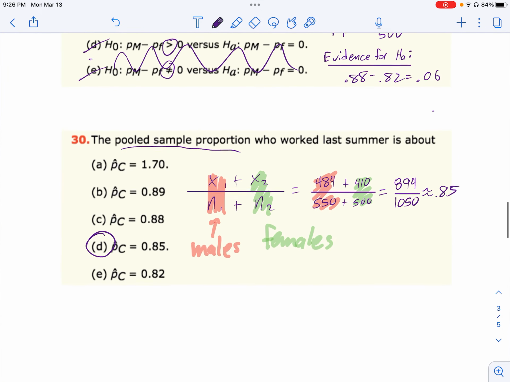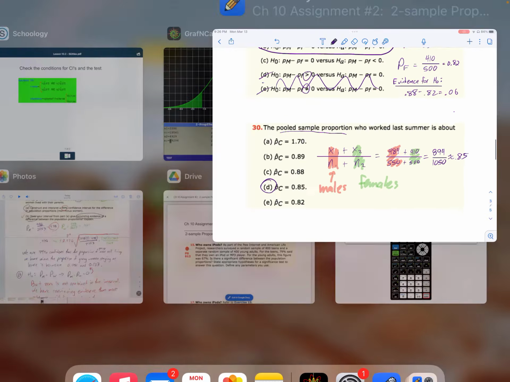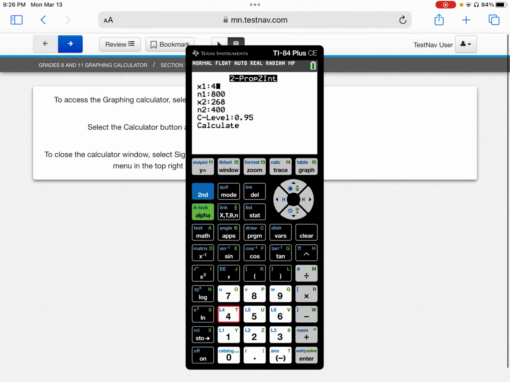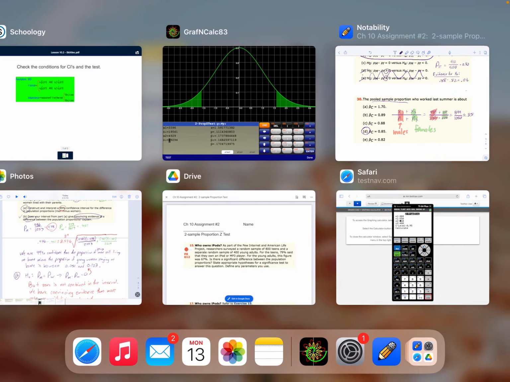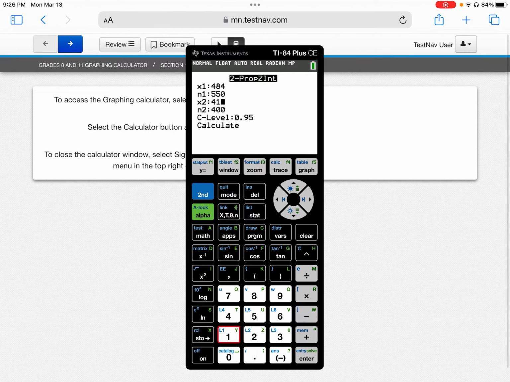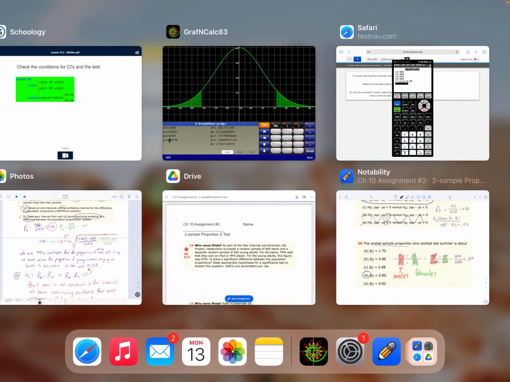Sorry, this is kind of slow. So we had 484 out of 550 for the males. For the females, we had 410 out of 500. Sorry, split screen doesn't work so well when I'm on the internet calculator. And then, did it give us the confidence rate?